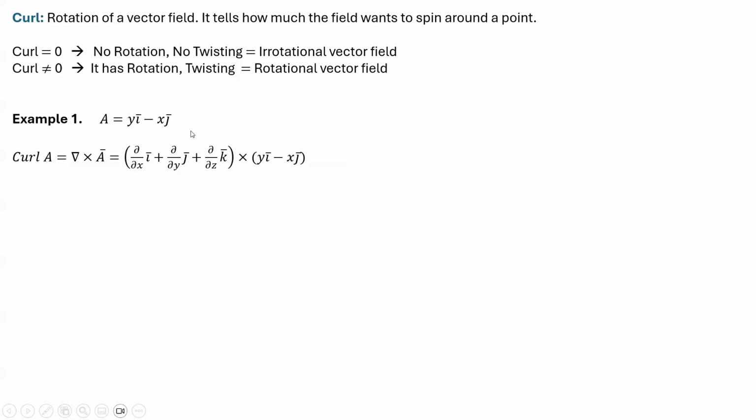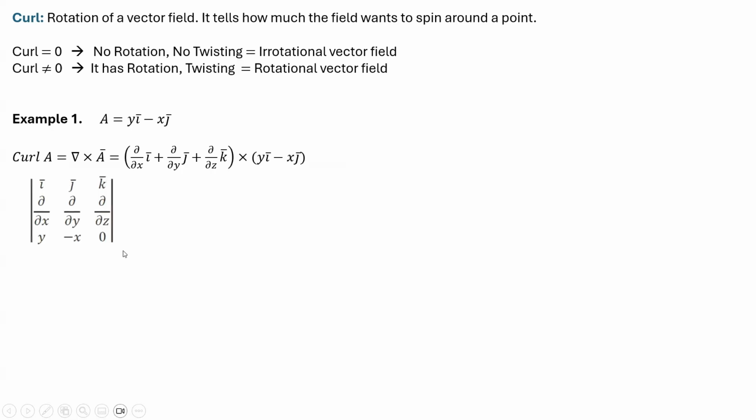Over here, we have been given a vector field, and we need to determine the curl of this field. So we will do the cross product this time. For divergence, we did the dot product, but for curl, we will do the cross product. So we'll set up the formation, the cross product with this function, and we'll do the determinant now.